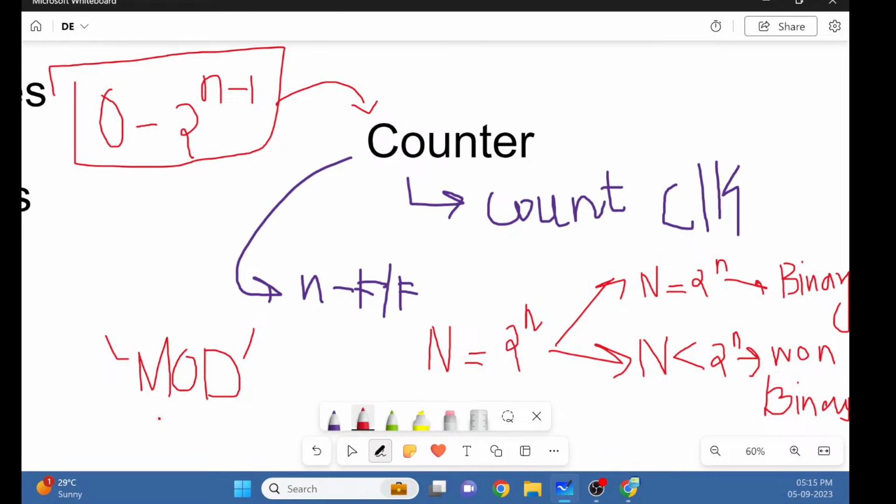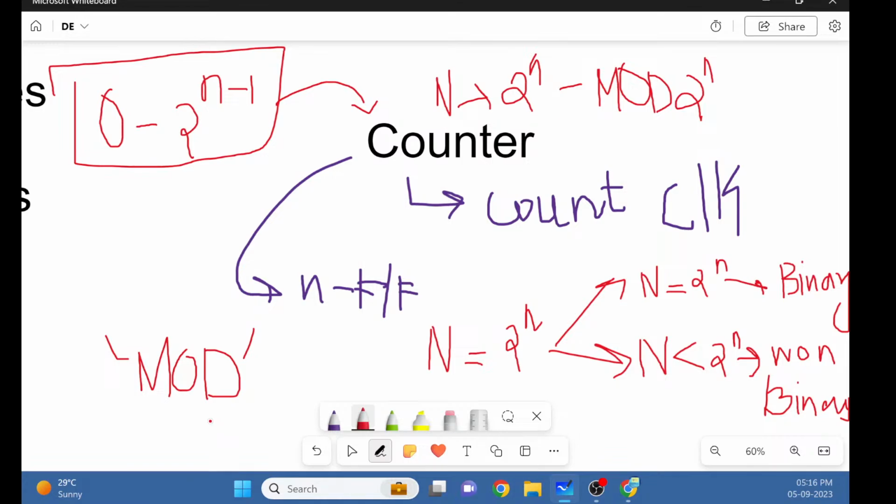For example, if there are n flip-flops in a counter, it will have 2 raised to n different states. Then we can call this counter a mod 2 raised to n counter.